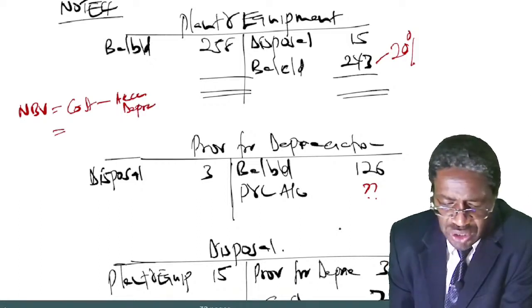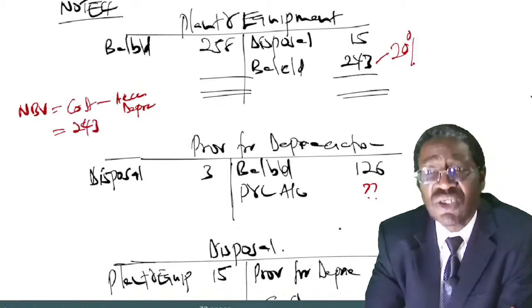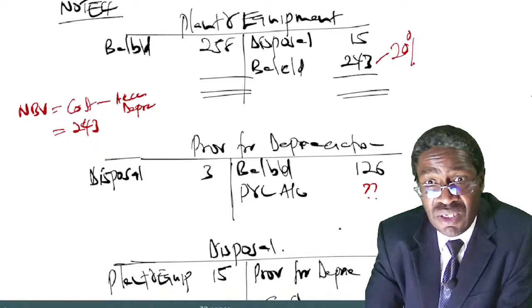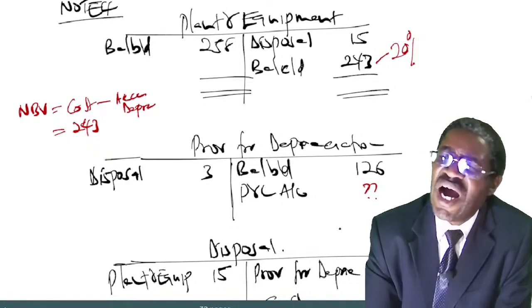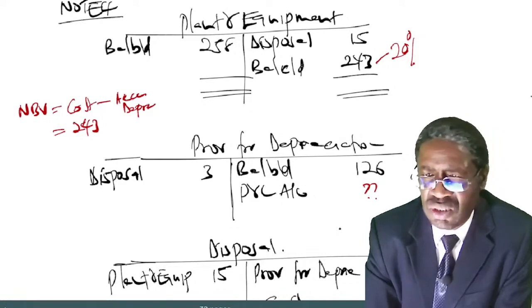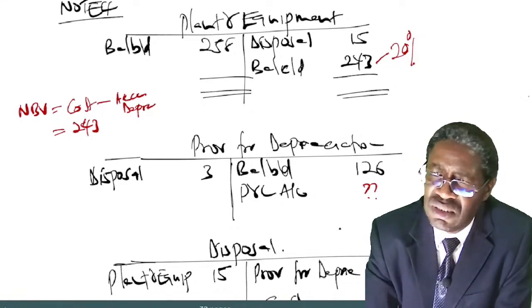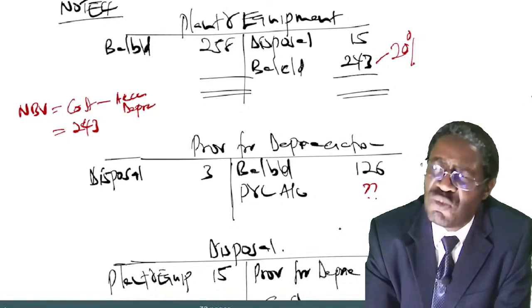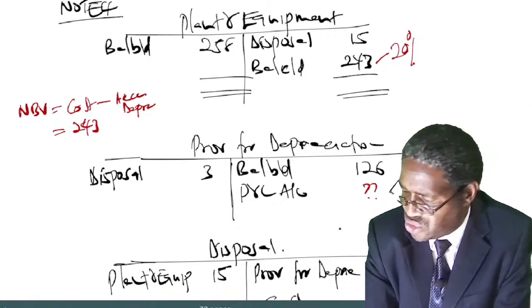Yes, I know the cost is 243, but I'm not using straight line method, I'm using reducing balance method. So I need to ask myself, what was their accumulated depreciation? These assets that are still remaining, having a cost of 243, what was their accumulated depreciation? Now listen.